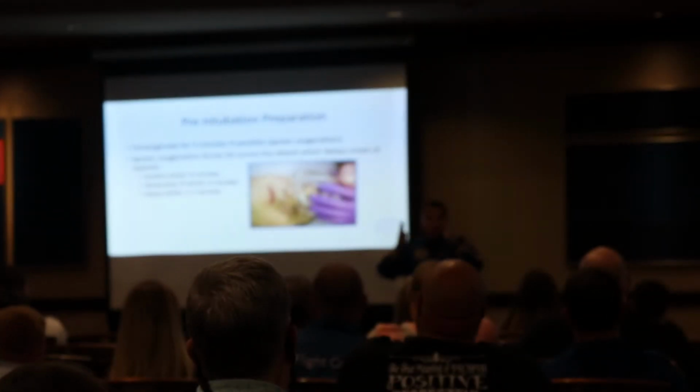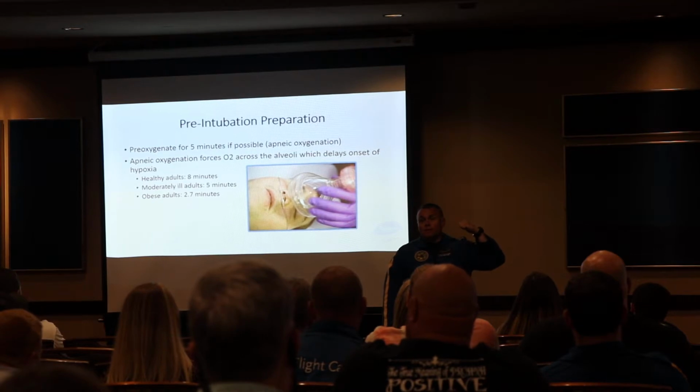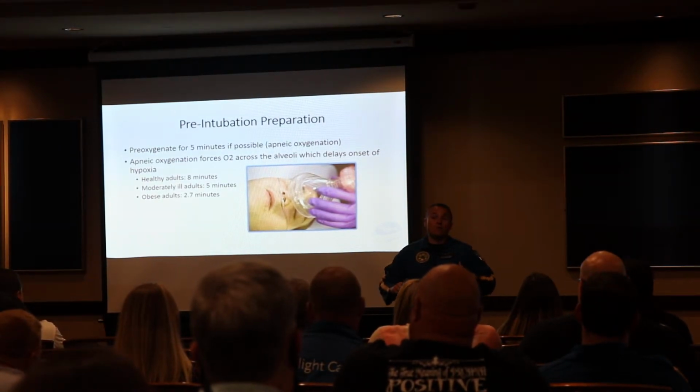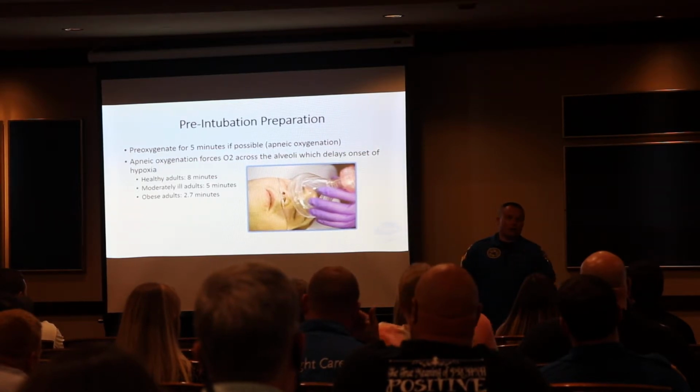You may only have a minute or so of really good working time before you intubate them. And since I implemented this into my practice, I've seen those patients maintain their SATs for 4 or 5 minutes, which I mean is unheard of for especially a very chronic COPD type patient. And so it works dramatically.